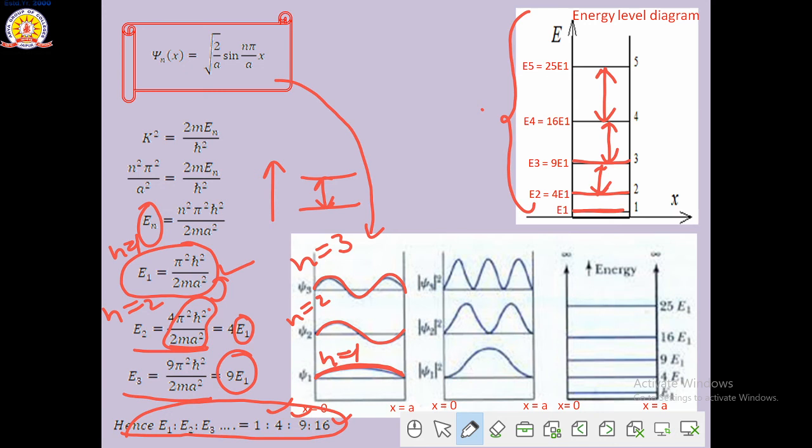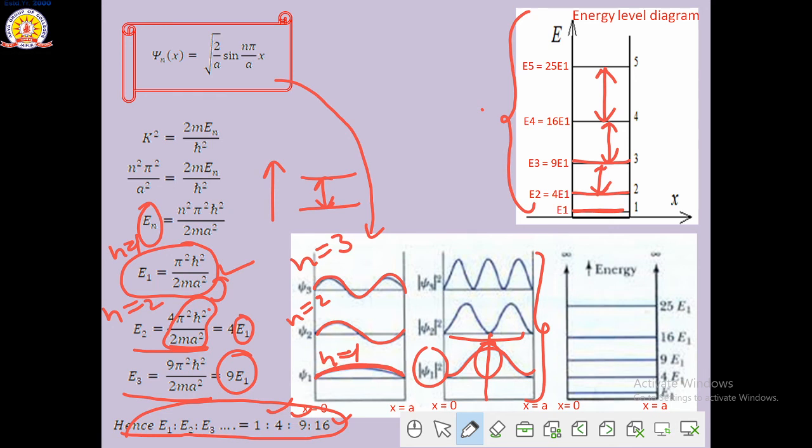And the probability function at the ground state will be like that. It means that at the center of the box, the maximum probability of finding the particle lies at the center. So from that diagram, from that equation, from that probability function, you can find the probability of the particle.